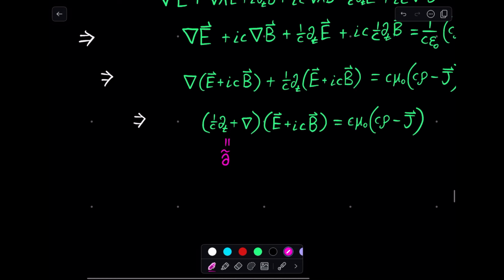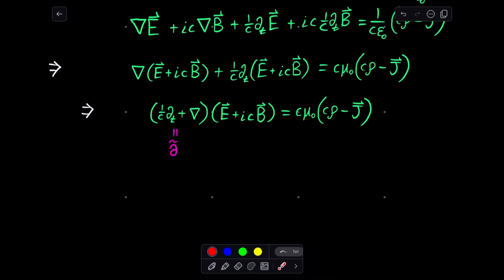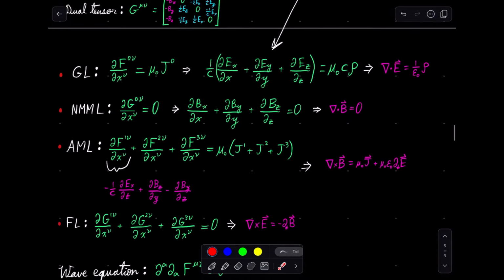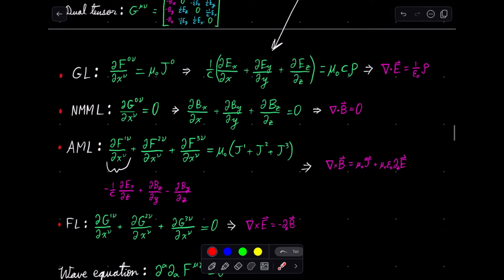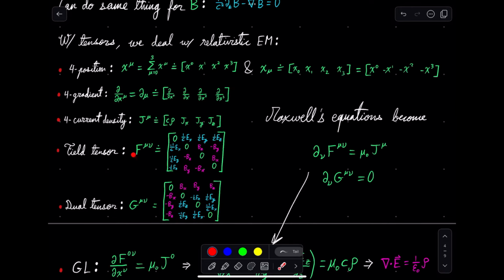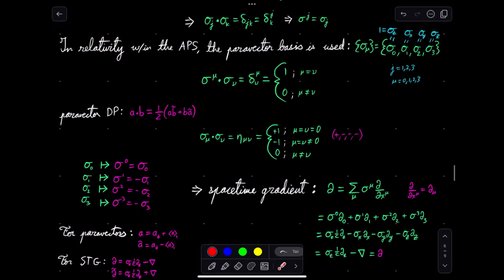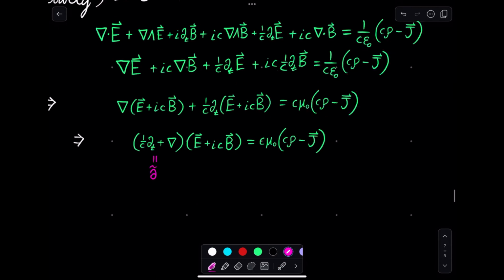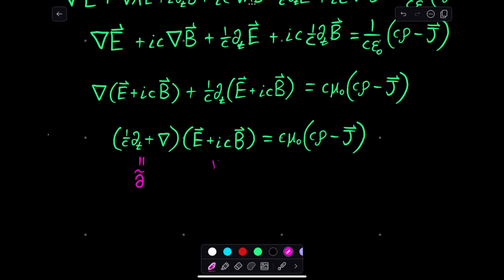And then this E plus ICB, well, in relativity, up here with the traditional matrix approach, or the tensor approach, when we united E and B in one entity, we called it just the field tensor with an F. So let's just call this the field biparavector, the electromagnetic field biparavector. So this can be just F. And then it'll be equal to C mu naught.